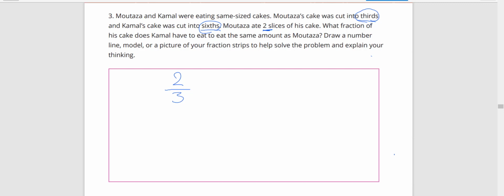What fraction of his cake does Kamal have to eat to have the same amount as Mu'tazza? So we want to know the equivalent fraction of 2/3, whose denominator is 6.